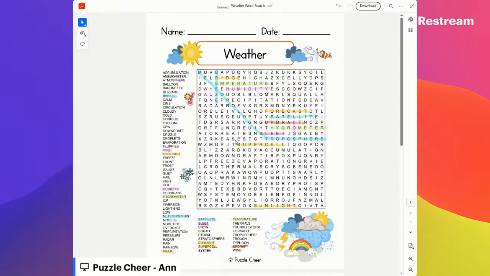No, that's ease. Let's see. Accumulation is right below supercell. And then I see downdraft over here and blizzard. Okay, so accumulation, and the N for accumulation goes all the way over to the right column.